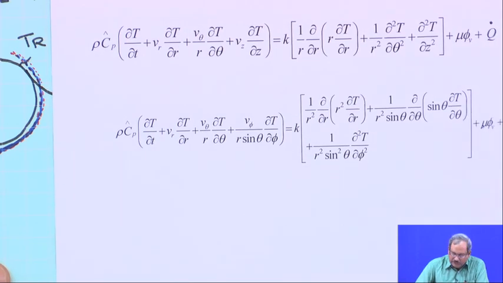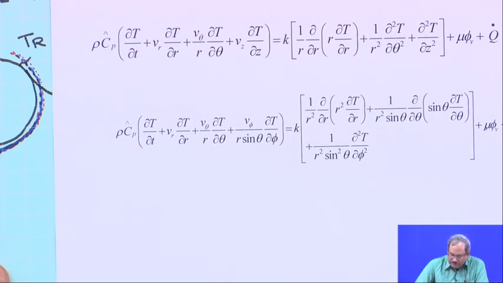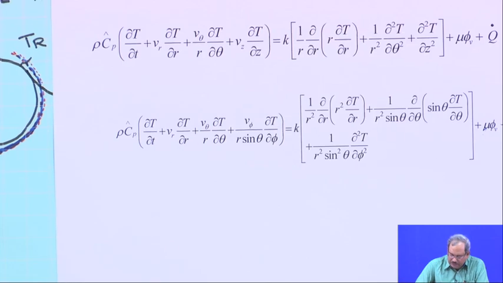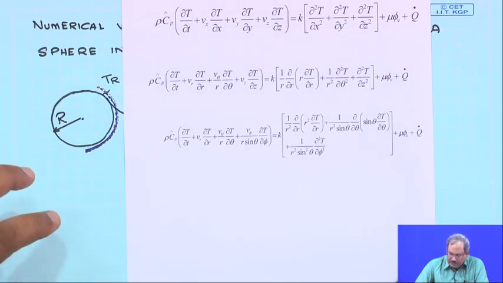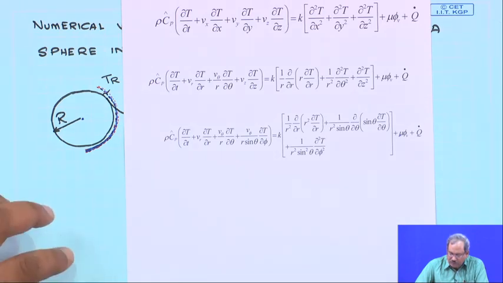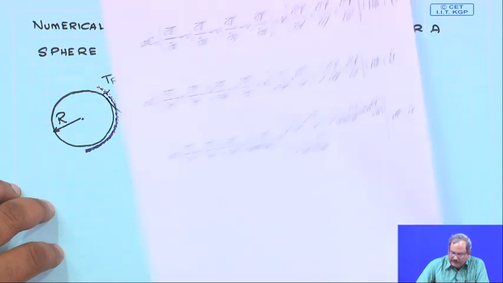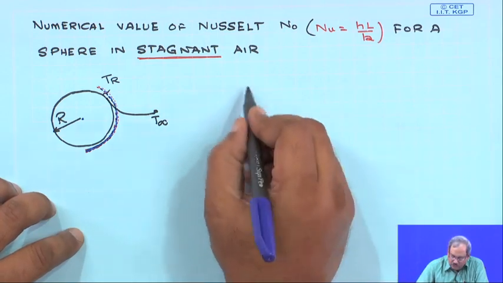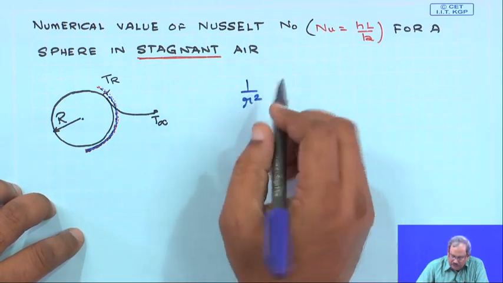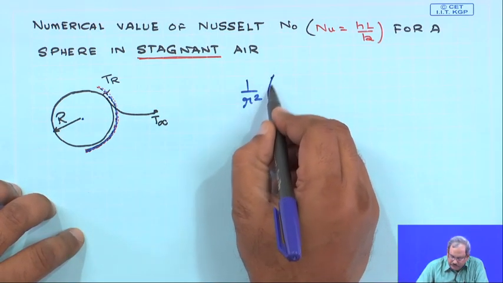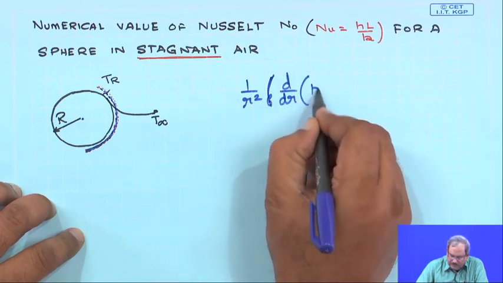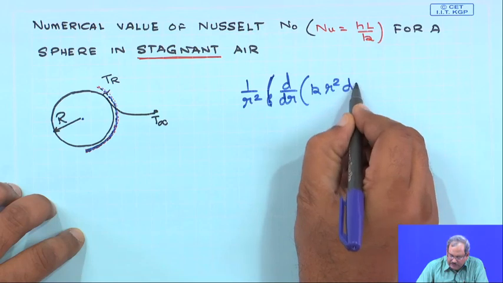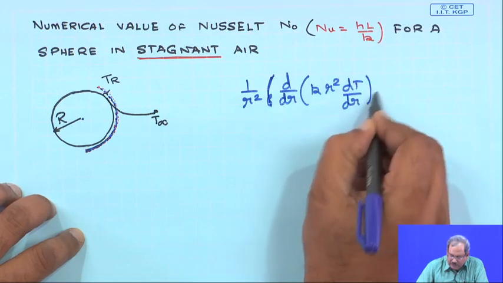And therefore, the governing equation for a spherical system which is dissipating its energy into a room full of stagnant air can simply be written as 1 by r squared, the only non-zero term in the energy equation, times d by dr of k r squared dT/dr to be equal to 0.